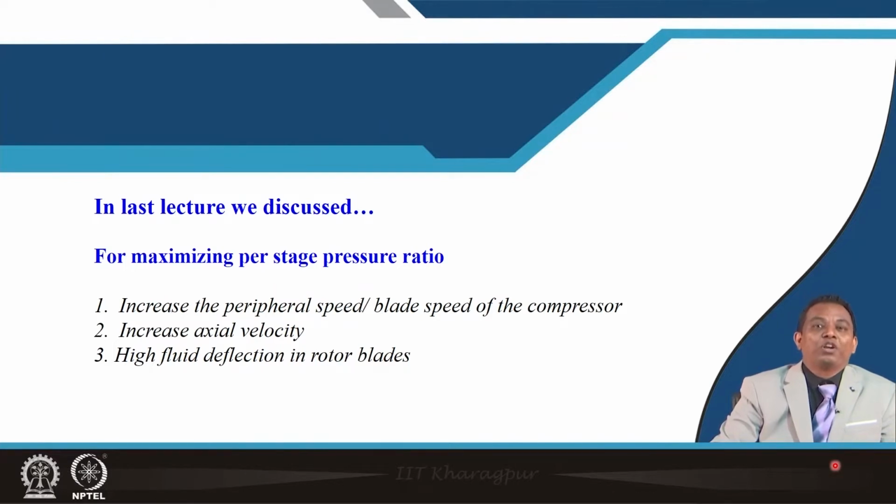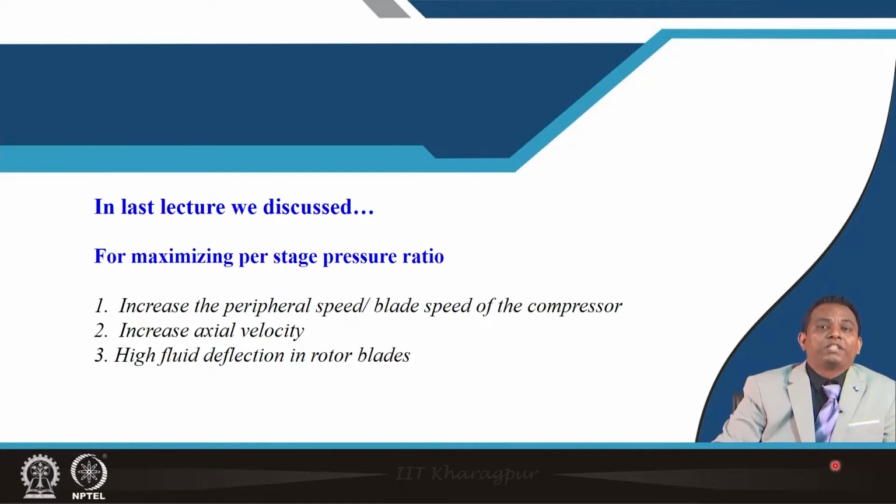In order to increase the per stage pressure ratio, we need to increase the peripheral speed of the rotor, increase the axial velocity going inside the engine, and increase the blade deflection of the rotor to achieve high pressure rise.